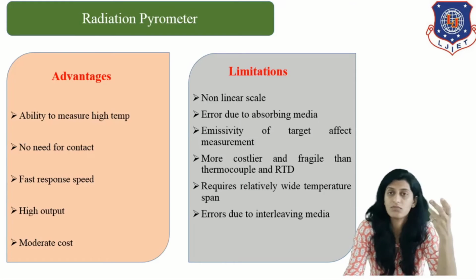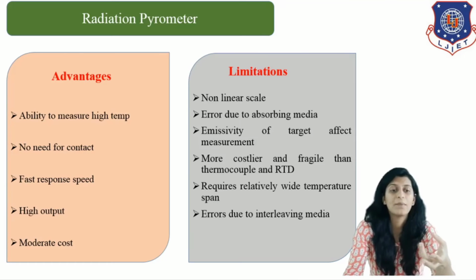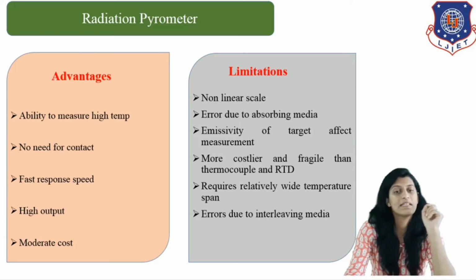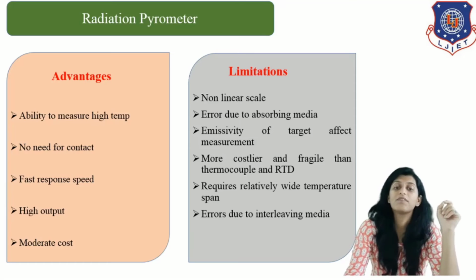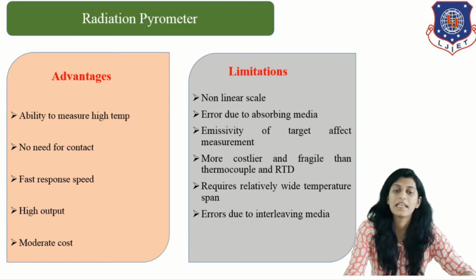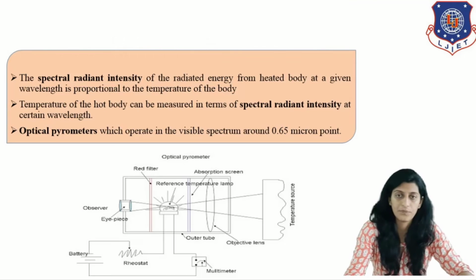This is quite obvious, how your target is emitting the power will affect it. It is more costly and fragile than thermocouple and RTD. It requires a relatively wide temperature span, and there is error due to interleaving of media. These are the limitations of the radiation pyrometer.